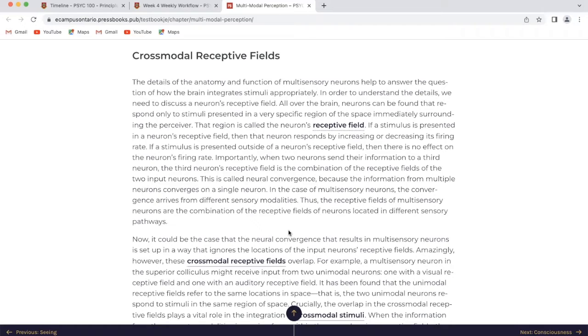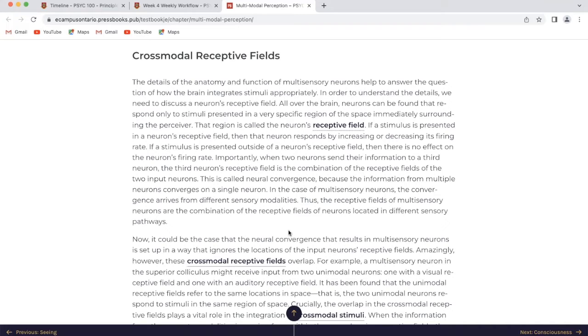If a stimulus is presented in a neuron's receptive field, then the neuron responds by increasing or decreasing its firing rate. If a stimulus is presented outside of a neuron's receptive field, then there is no effect on the neuron's firing rate. Importantly, when two neurons send their information to a third neuron, the third neuron's receptive field is the combination of the receptive fields of the two input neurons. This is called neural convergence because the information from multiple neurons converges on a single neuron.